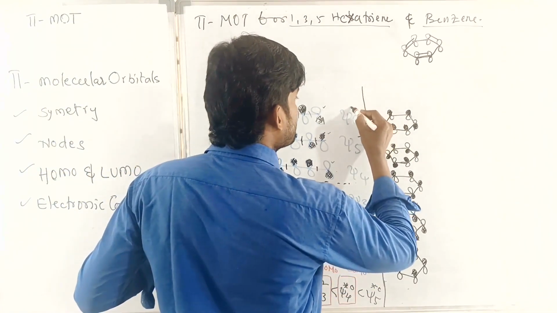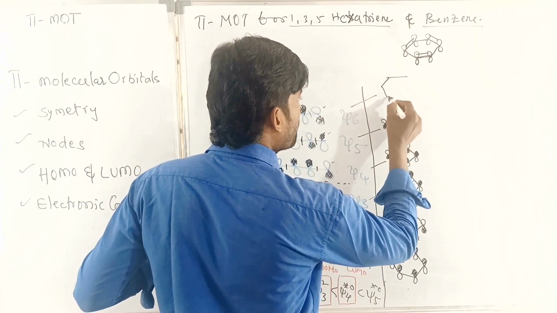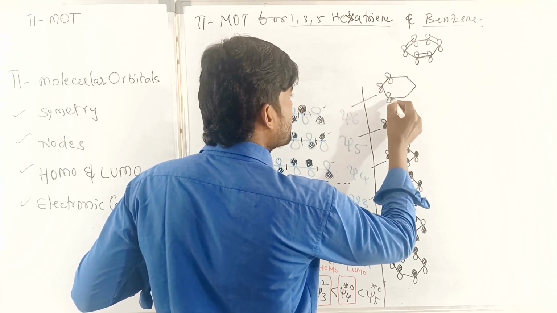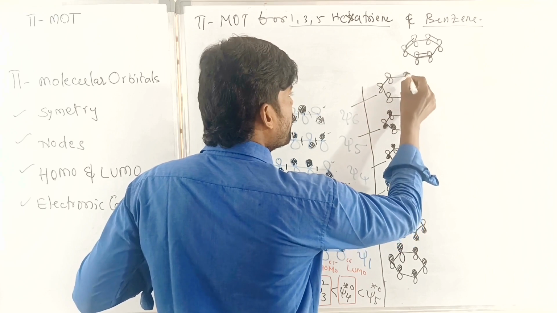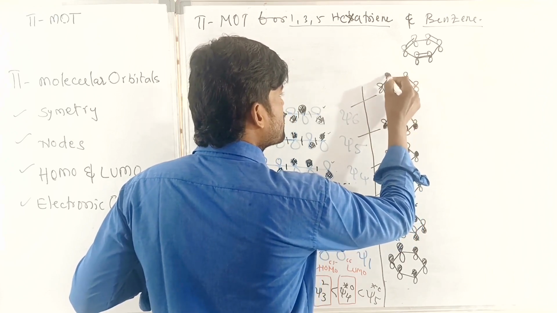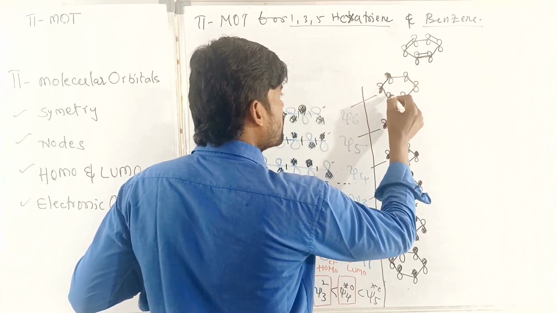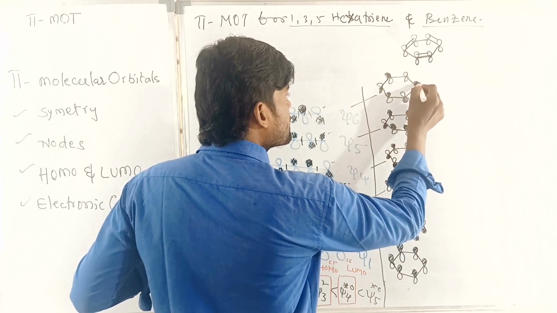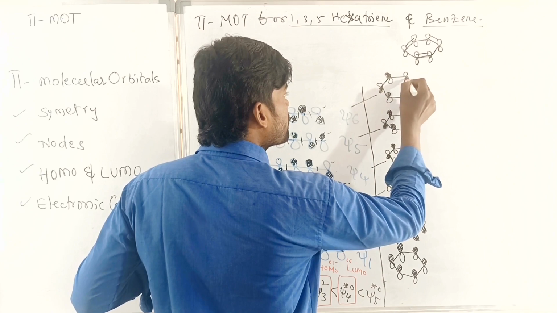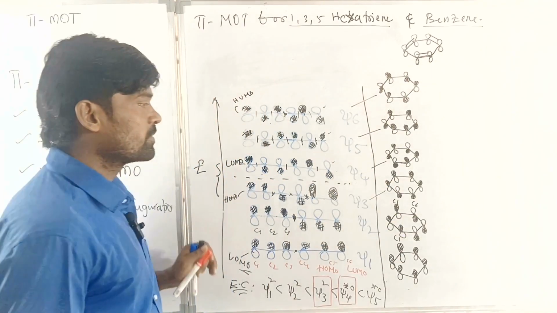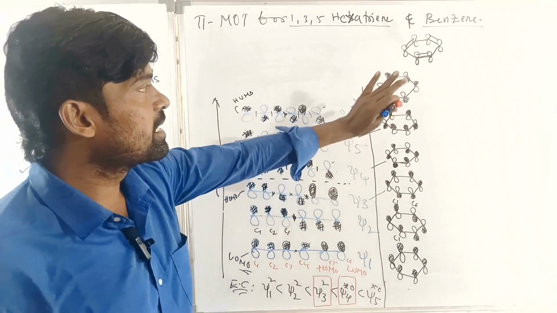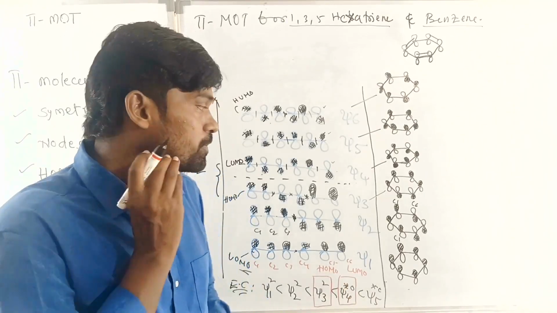Next, Psi6. C1, C2, C3, C4, C5 and C6. All are opposite. C1 is up, C2 is down, C3 is up, C4 is down, C5 is up and C6 is down. Clear? If you can understand this, you can easily draw the benzene molecular orbital diagram.